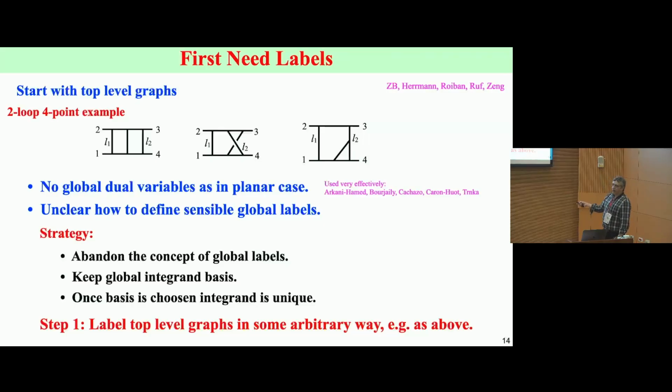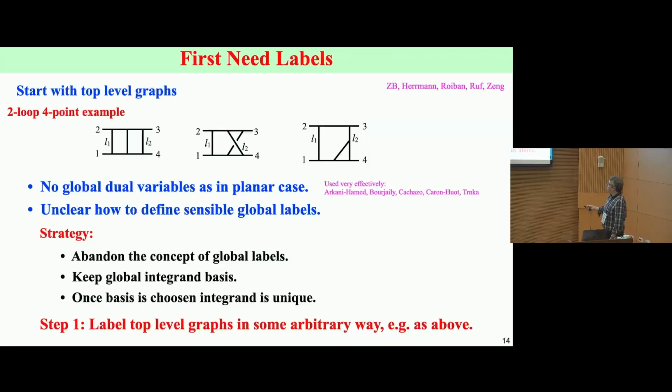There are dual momentum variables, and that's been used very effectively by Nima and friends, like for the all-loop N=4 super Yang-Mills planar integrand. But the non-planar case resisted this idea of defining some kind of global variables. There doesn't seem to be any reasonable, canonical, natural way to do it.